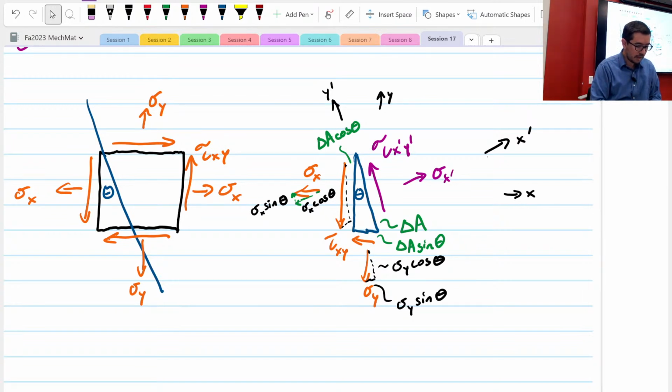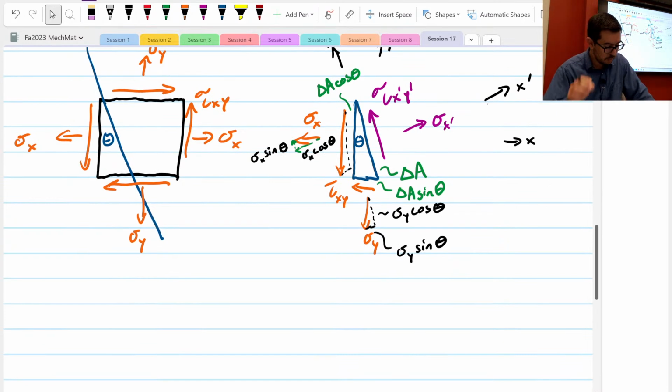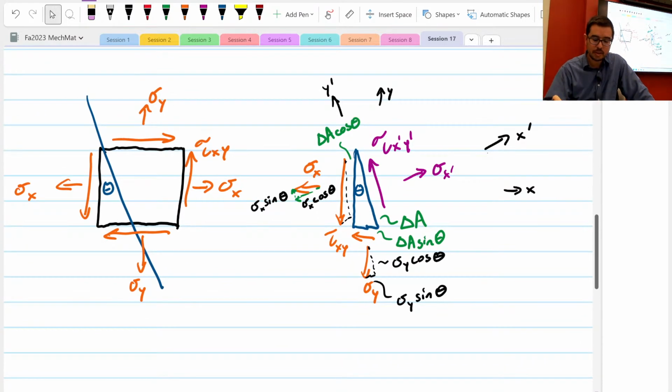Let's have a little fun here. We're going to do some summations on these different faces to be able to perform equilibrium.